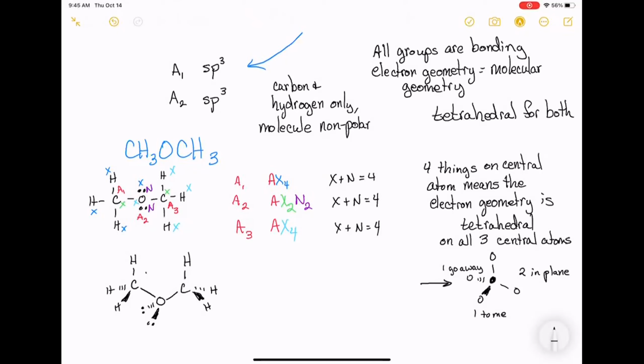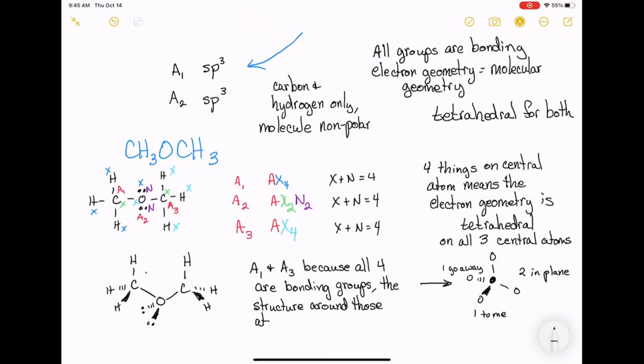Okay, now A1 and A3, because all 4 are bonding groups, the structure around those atoms is tetrahedral.